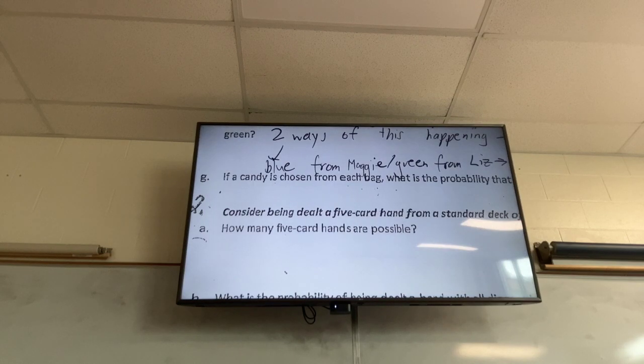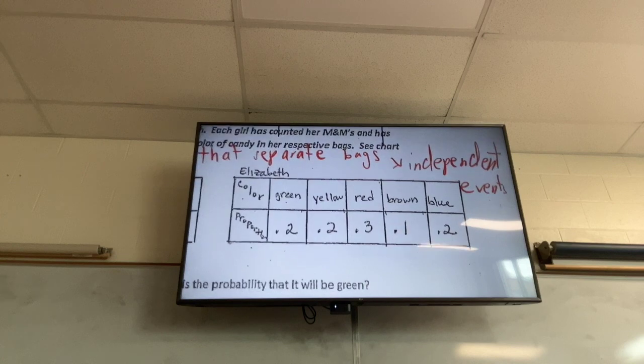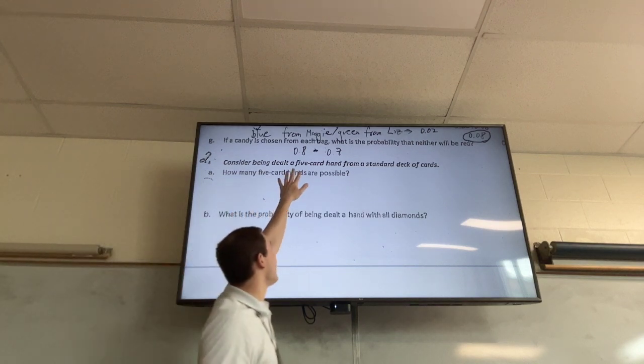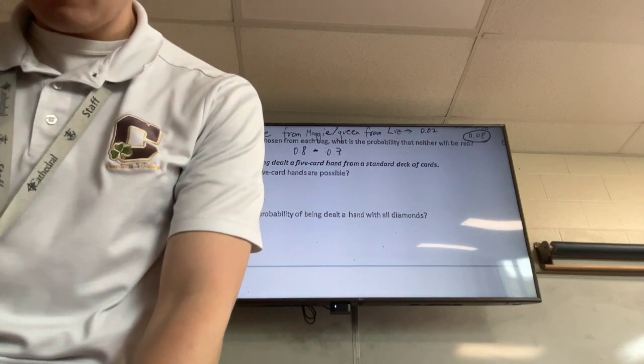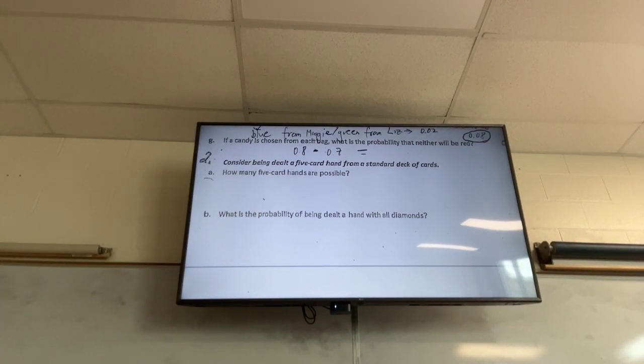What's the probability of getting a non-red from Liz's bag? 0.7, and I'm going to multiply the two together because they're asking for the probability of both of those occurring. So I got 0.56. Is that what you guys got?